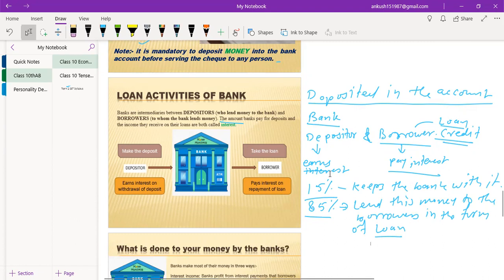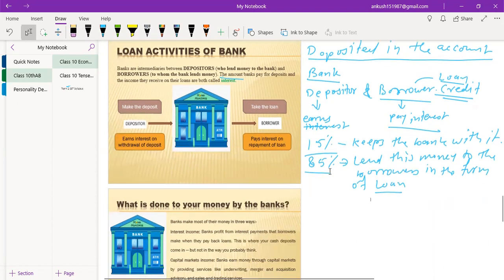Now there are certain possibilities, or rather, they are facts. See, the depositor deposits his money into the bank, and he earns interest. Whenever you go to withdraw your money from the bank, you will get the interest upon it.